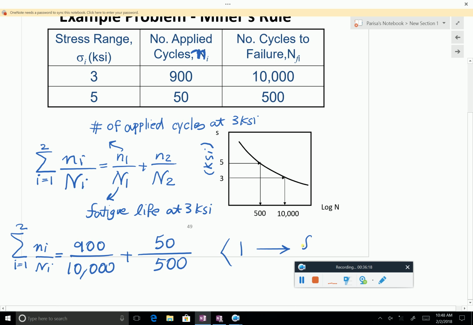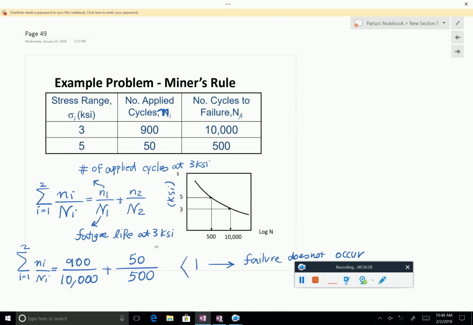So if you have only one stress, you would check if this is smaller than that. If you have multiple stresses, you need to look at the summation of the ratios and make sure that the summation is less than 1. It's simple.